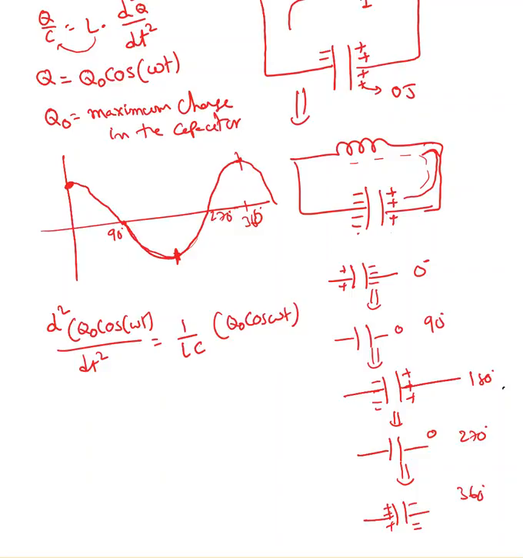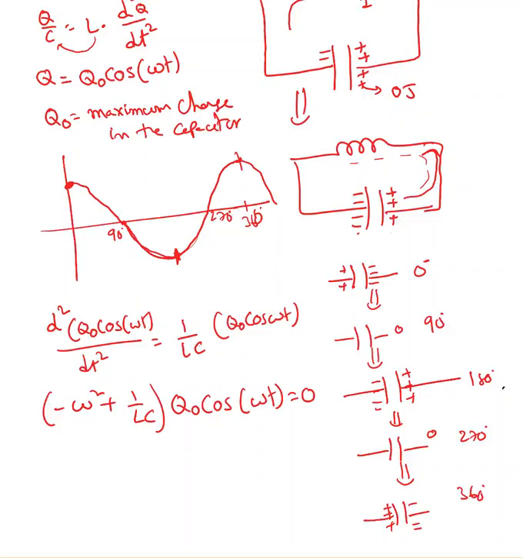Now we derivate this twice, and we end up with minus omega square plus 1 over LC, times q naught times cos omega t, equal to 0.